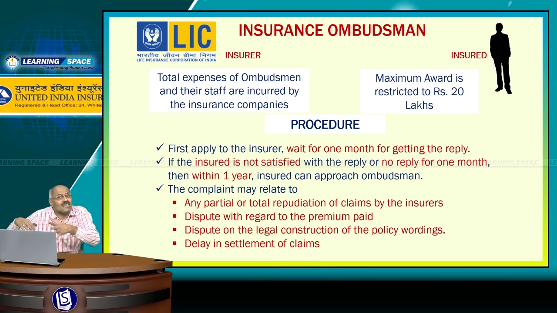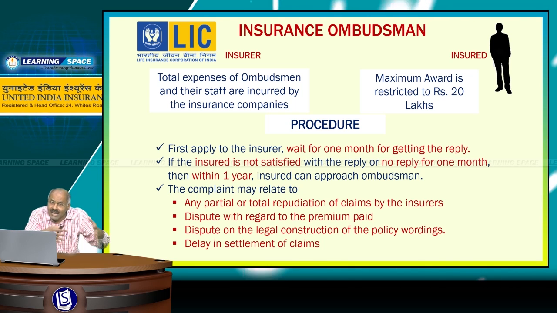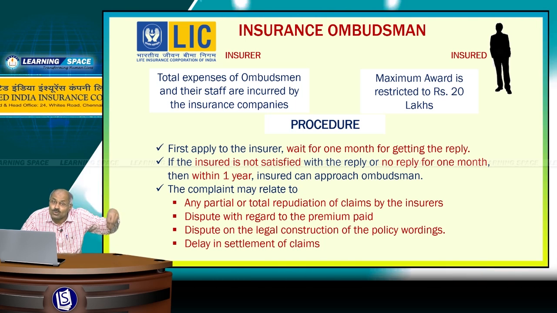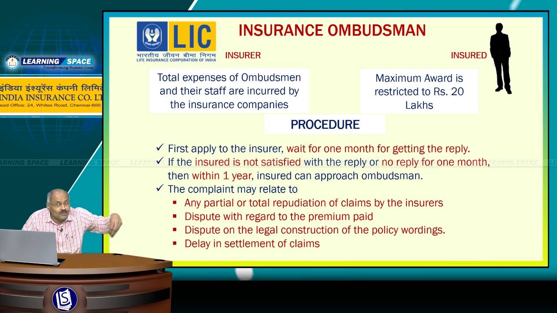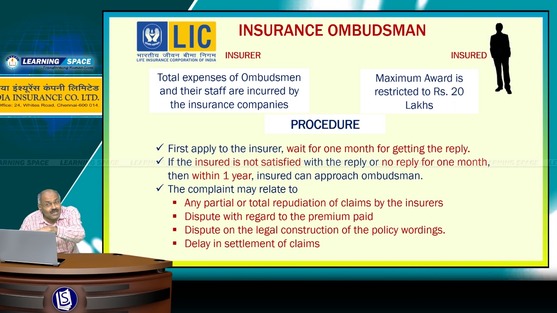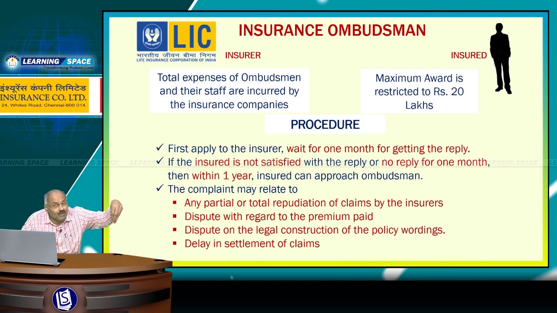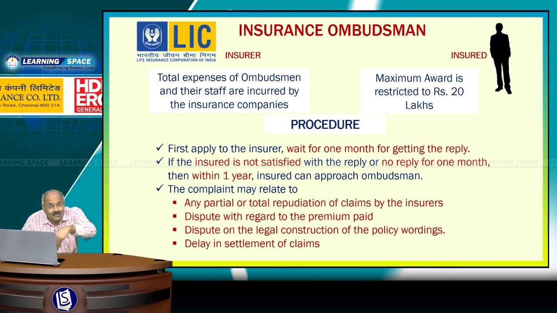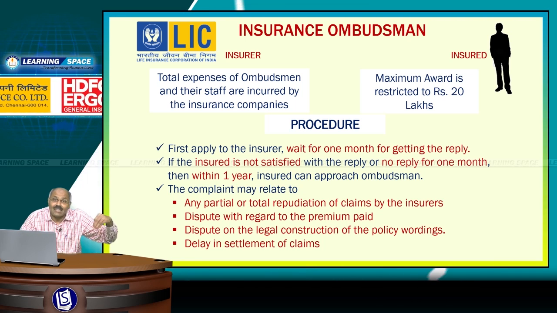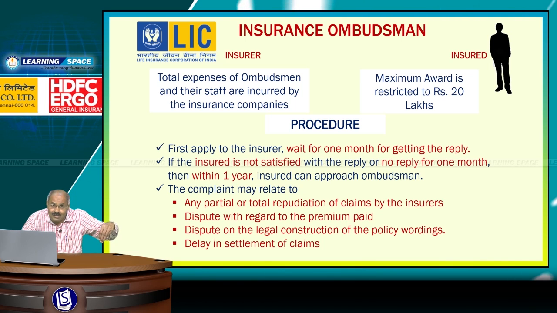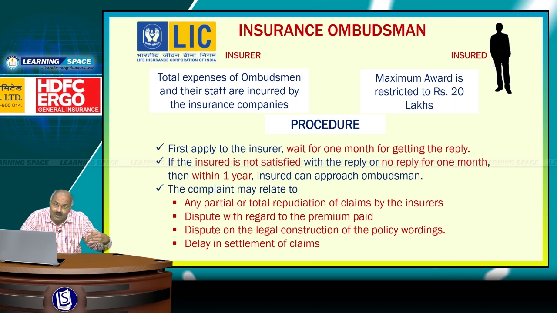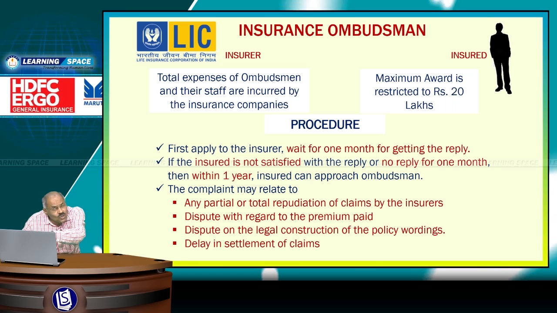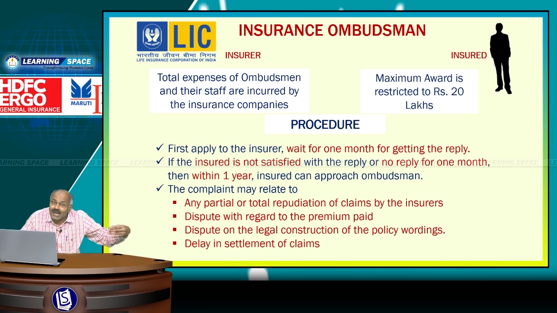What is the procedure? Just like the banking system, there is a well laid out procedure here. First of all, you have to apply to the insurer if you have any problem. Don't confuse between insurer and insured. If X has taken an insurance policy from LIC, LIC is the insurer and X is the insured. Wait for 1 month to get the reply from the insurer. Let us say LIC replies within 1 month, but the insured is not satisfied with the reply.